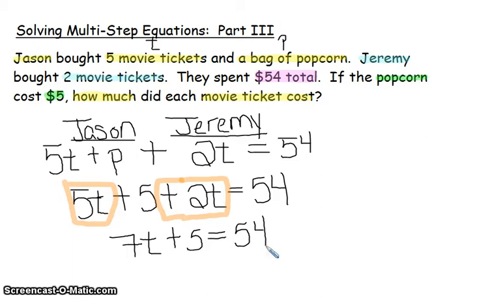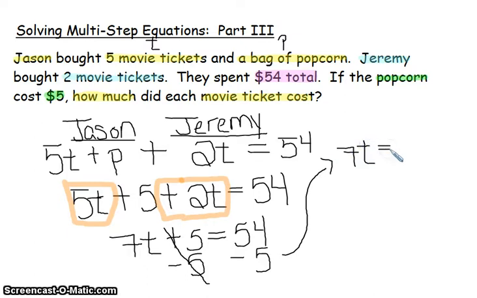Solving 2-step equation. It's a positive or plus 5, so the inverse would be to subtract 5 from both sides. Positive 5 minus 5 does give you 0. I'm going to write my work up here. So I am left with 7t there on the left hand side of my equal sign, and then 54 minus 5 will leave you with 49.